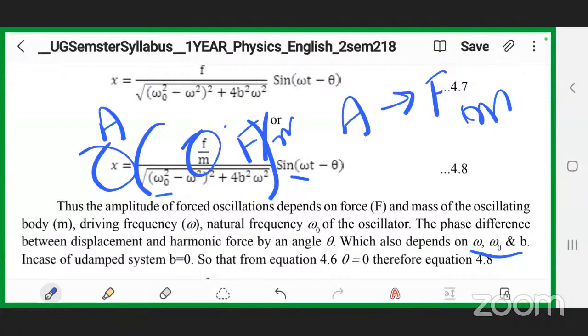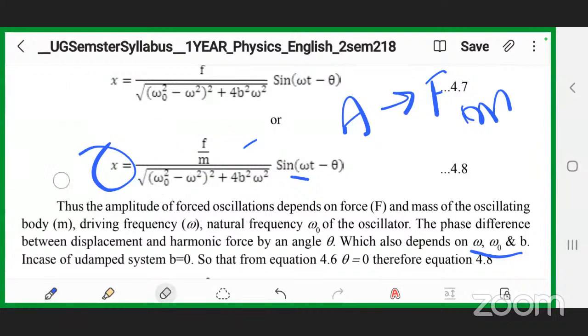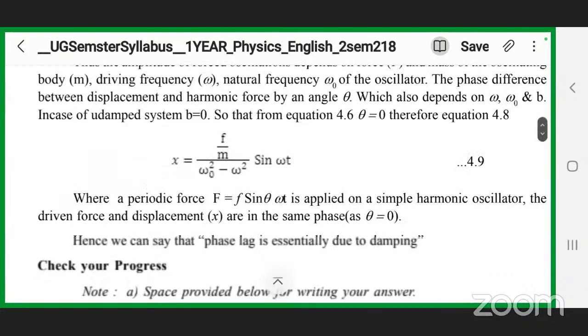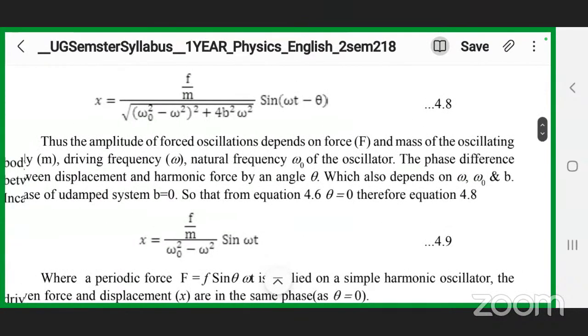So in the case of an undamped system, undamped means there is no damping at all, so b equals R by M, which is called small b, is zero. In this equation, the above equation becomes, by substituting these conditions, x equals capital F by M divided by omega naught square minus omega square.